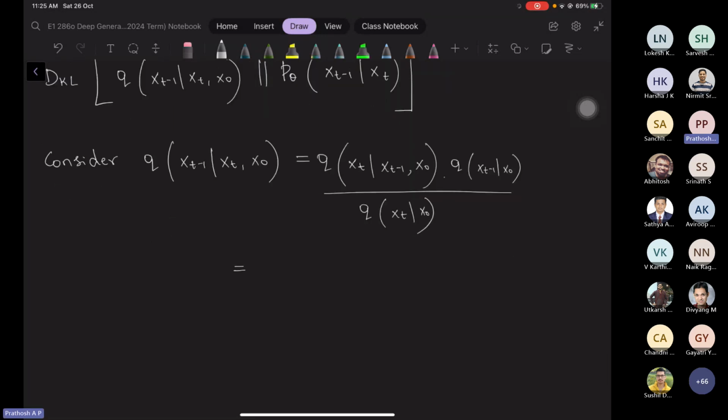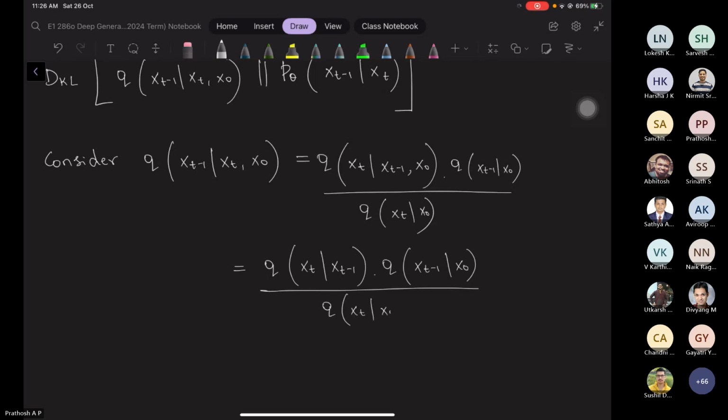What is this equal to? This is equal to q of... Is this all right?